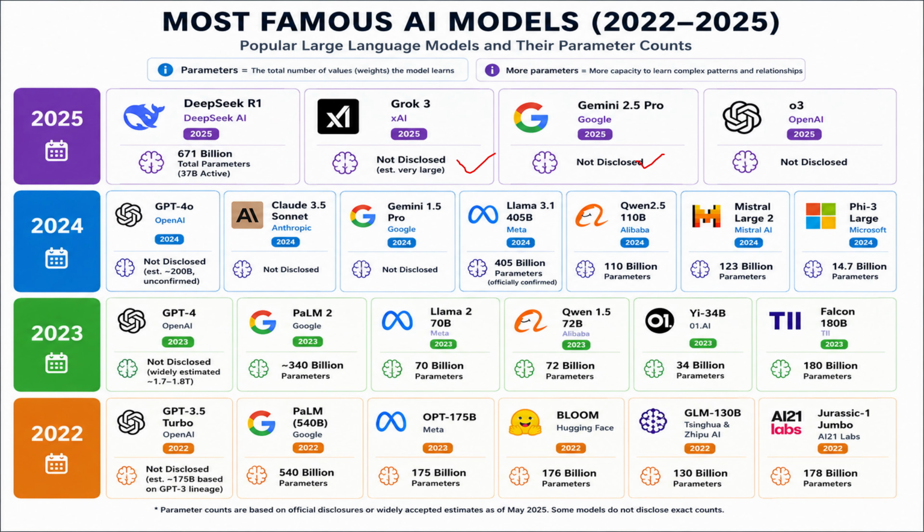However, there are models that openly disclose those parameter counts. But having a bigger notebook does not automatically make someone smarter. If I train a model with 1 trillion parameters, is it going to outperform? Maybe, maybe not.